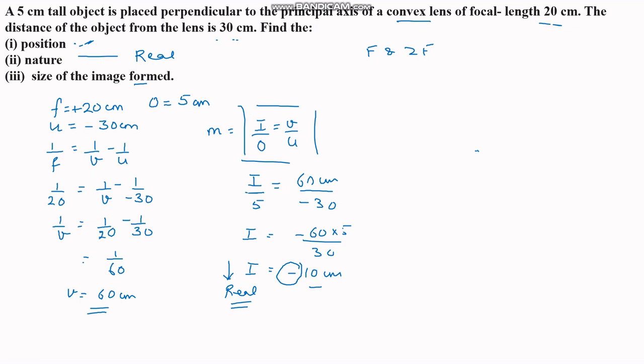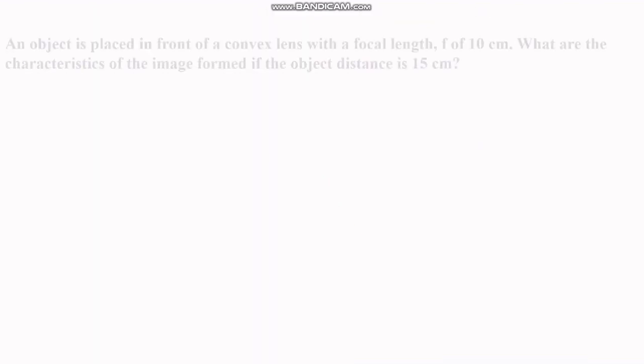Beyond 2F. So 60 centimeter is proving that your answer is right. It is beyond 2F, and obviously the image formed is magnified. So the object was of 5 centimeter, the image size is coming out to be 10 centimeter. So this way you will come to know that your calculations are correct. Okay.